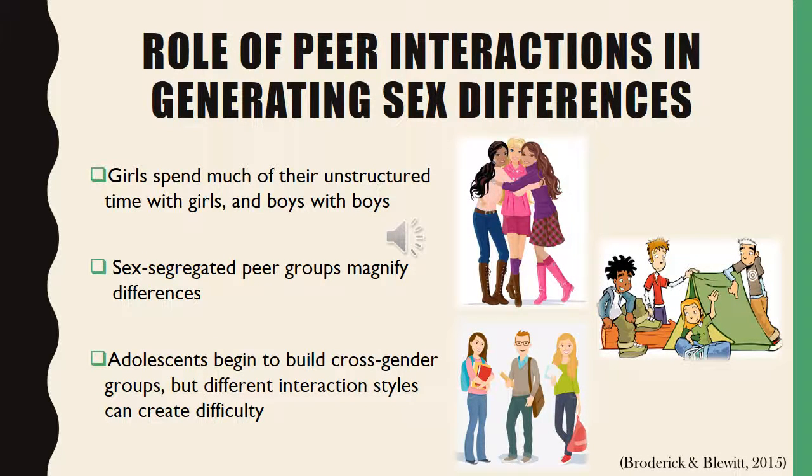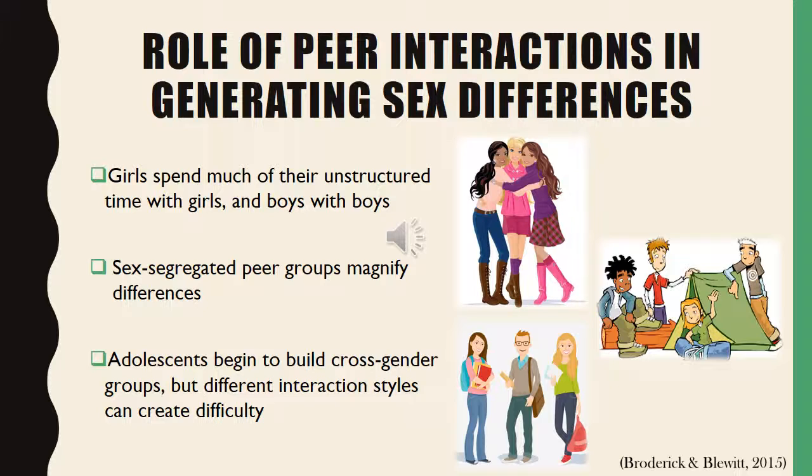And then real quick, just to touch on peer interactions, we've already emphasized how some of that sex segregation is beginning as early as 2.5, and by middle childhood becoming a little bit more extreme. Typically we start seeing girls spend much of their unstructured time with girls and boys with boys.